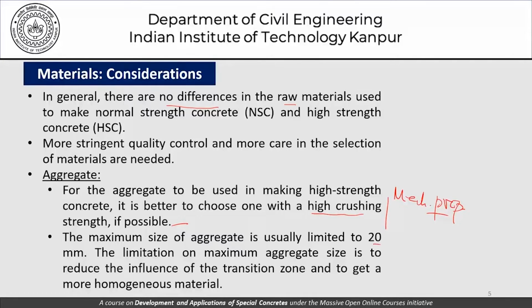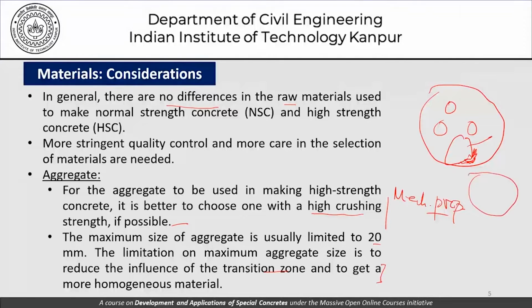The limitation on the maximum size aggregate is to reduce the influence of the transition zone and to get a more homogeneous material. So if we have in that concrete slide that we have, which we traditionally use like this, if I have a very large particle here, then it tends to have a different distribution around the intermediate transition zone and tends to make the concrete less homogeneous compared to a concrete which will have particles of smaller size.